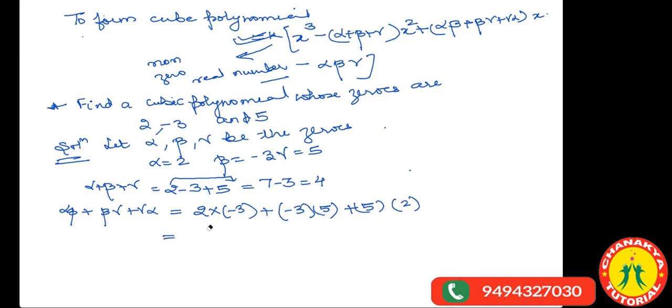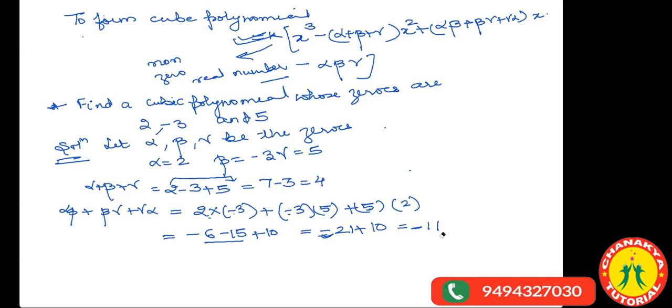So 2 times 3 is 6, minus sign is there. -3 into 5 is -15. 5 times 2 is 10. Now add like terms. So it will be -21 plus 10. So 21 minus 10 is 11, but the sign of the largest term will come. So here it will be -11.